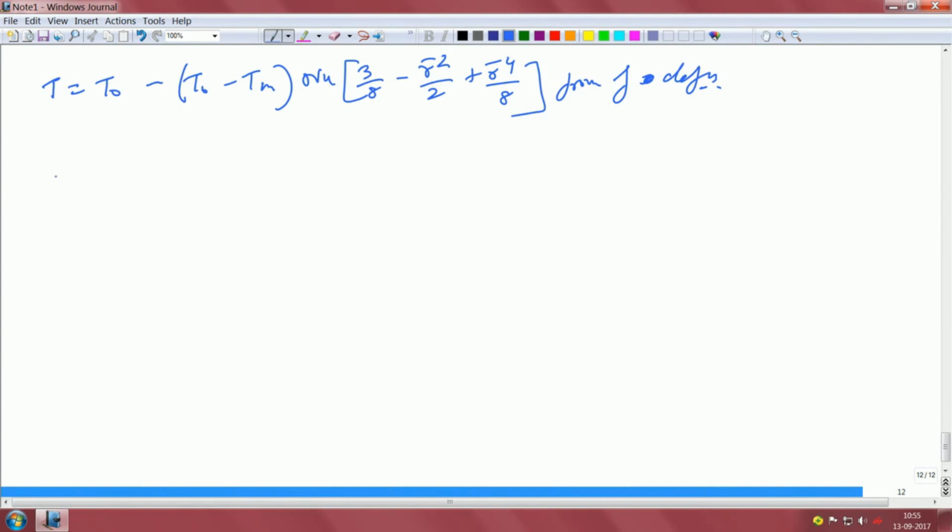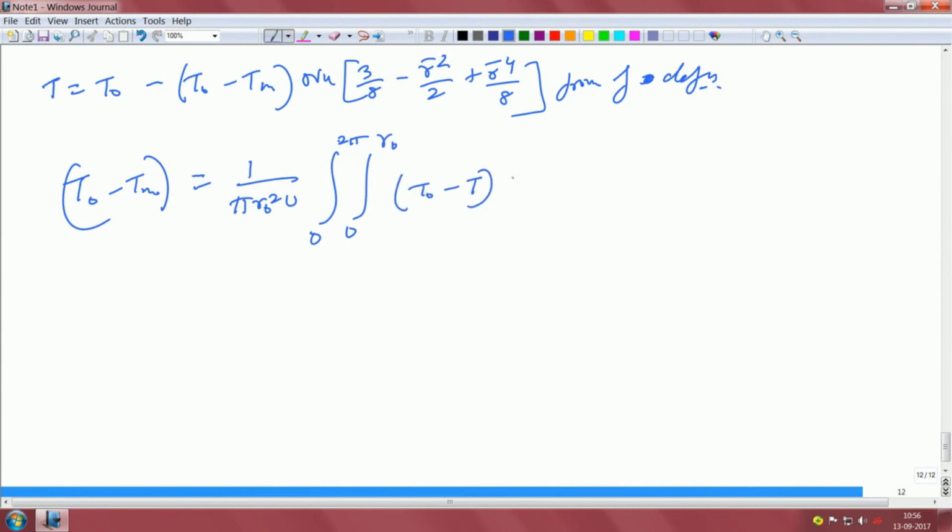Now of course this T is a function of both x comma r, right? My original definition of Tm, if you recall, was 1 over r naught into u times the integral of T naught minus T, u, r dr d theta, 2 pi r naught. Do you recall? That was the original definition of Tm when we actually did it.